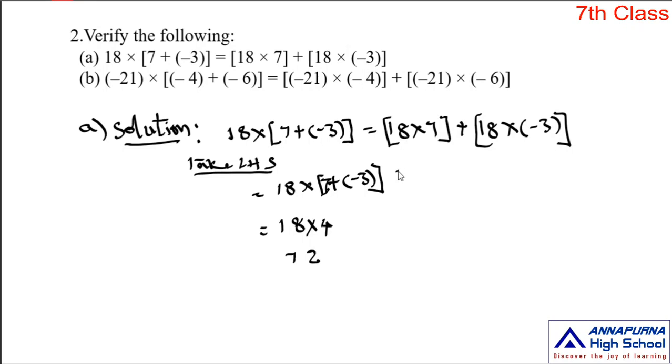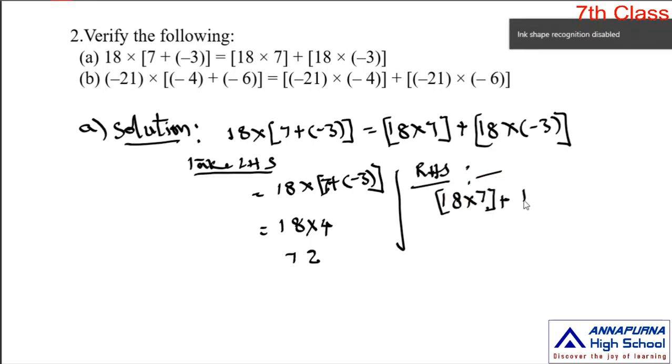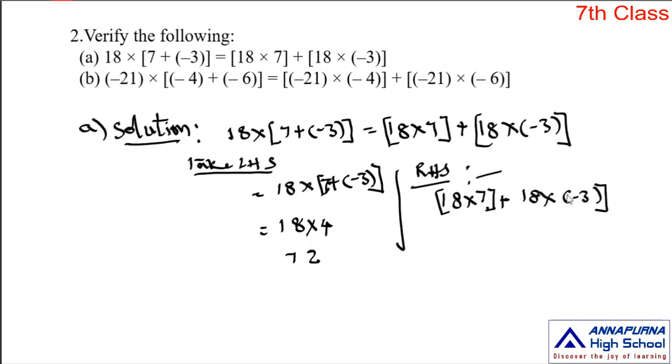Now take RHS: 18 into 7 plus 18 into minus 3. Multiply them. 18 sevens are 126.